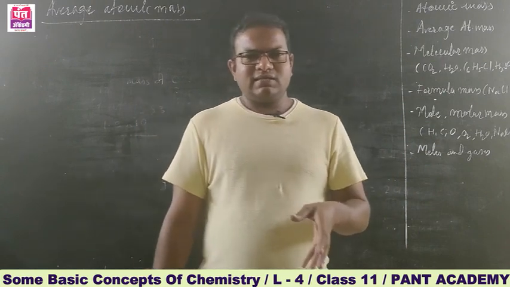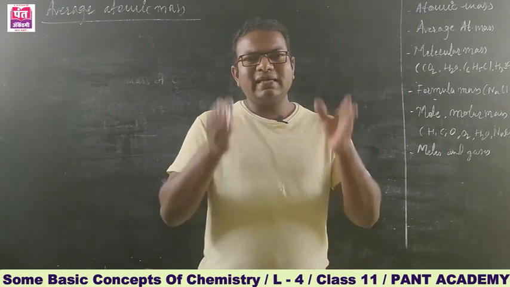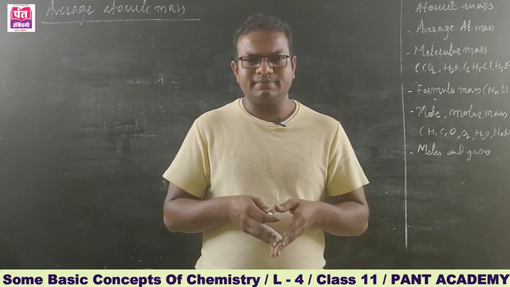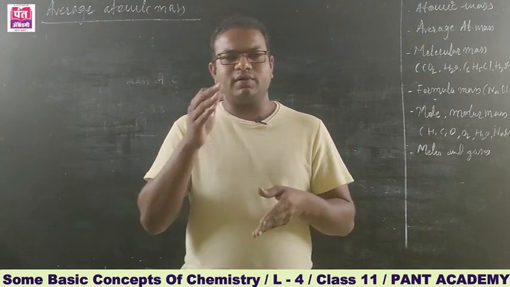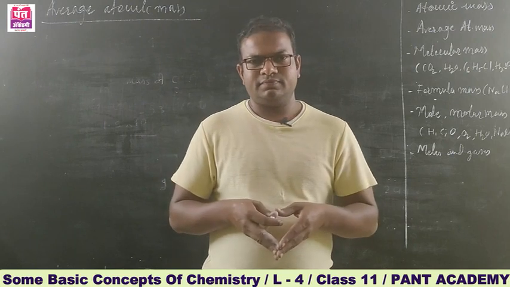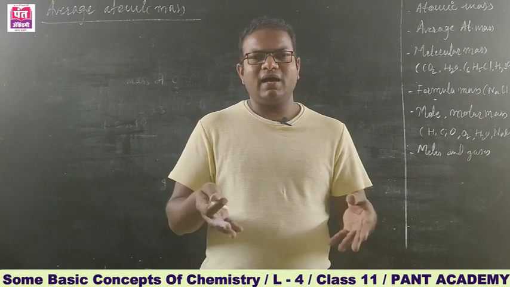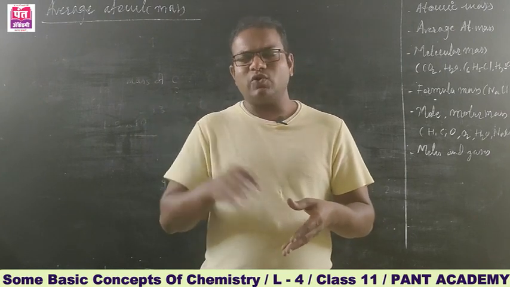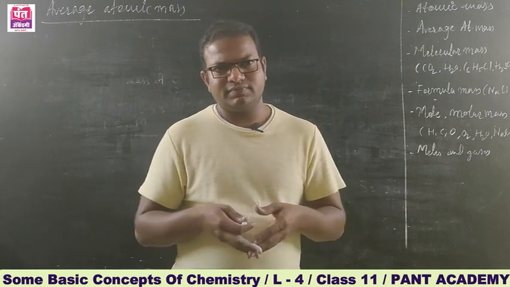Average atomic mass is nothing but the sum of all the atoms of element present in the particular isotope or particular element. एलिमेंट मध्ये प्रेझेंट असलेल्या वेगवेगळ्या आयसोटोप्सचे ॲटम त्यांची जी काही सम होईल तीच सम म्हणजे काय आहे? एवरेज ॲटॉमिक मास.